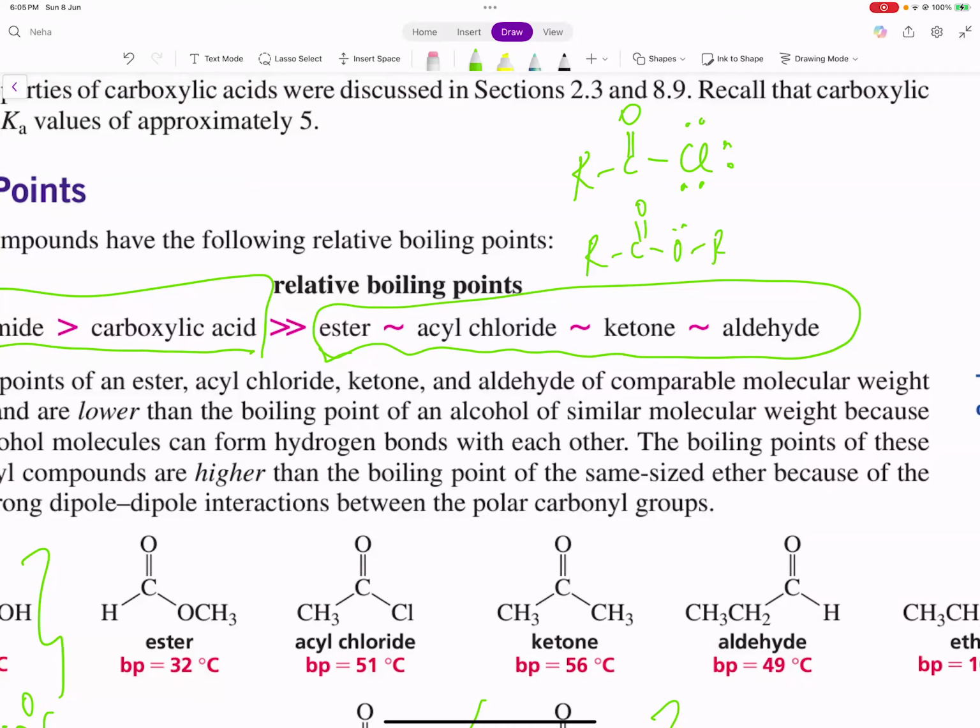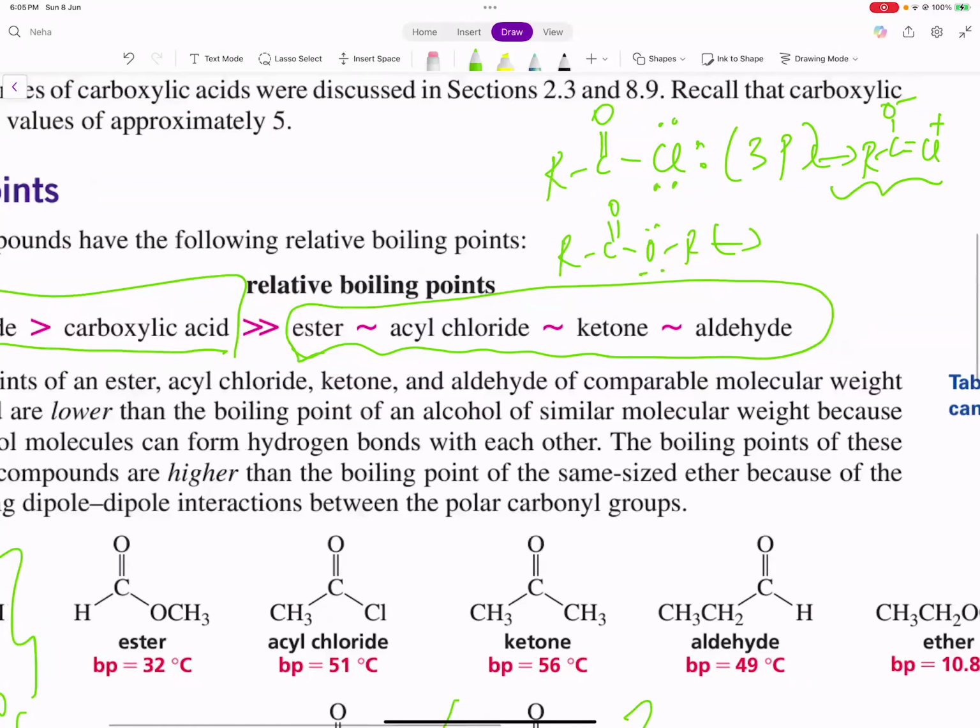Chlorine is giving from 3p, so this donation is not very effective because 3p orbitals are much higher in energy, and carbon is in a 2p orbital. So dipole-dipole interactions in the case of esters are much stronger as compared to acyl chloride. Okay. Yes, I got it.